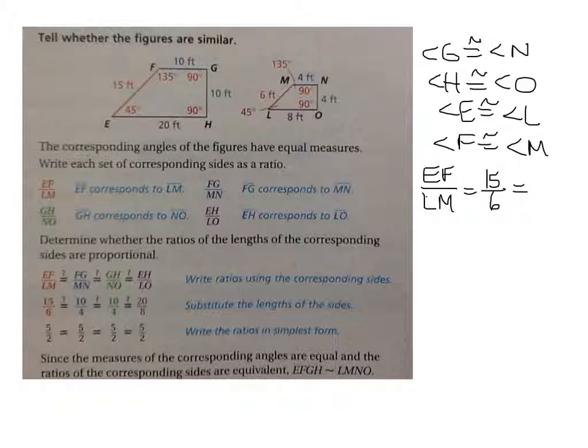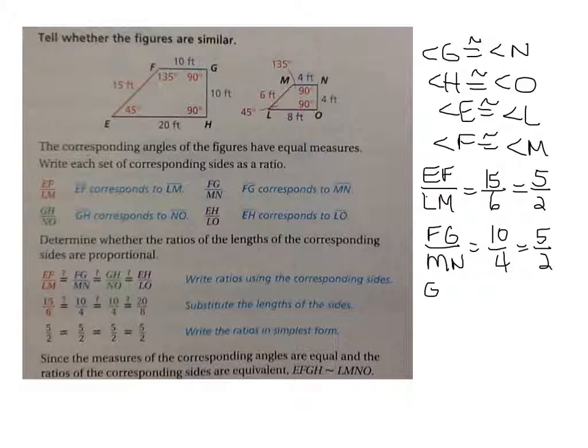Good. Simplify. What do they share? 3. Divide by 3, divide by 3. What corresponds to FG? MN, which is 10 to 4. Divide by 2, divide by 2.